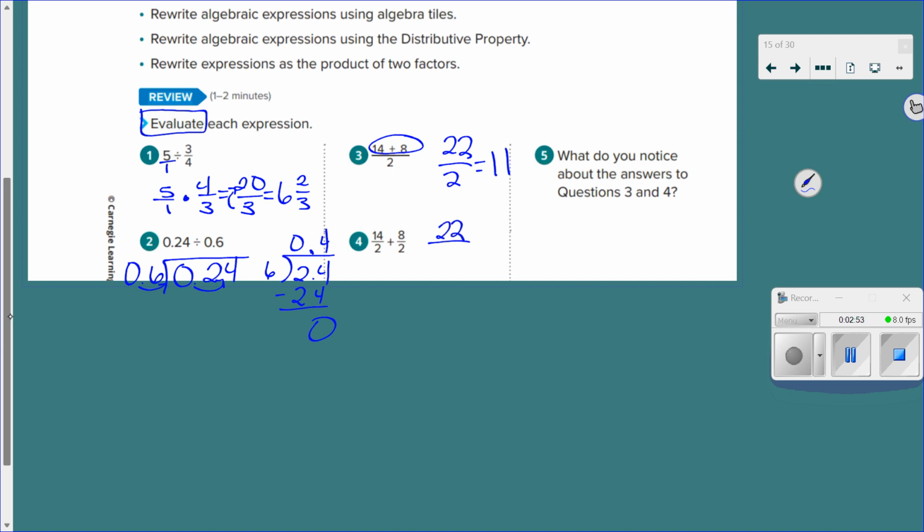Say that again. It doesn't change. So my answer is again 11. What do you notice about questions 3 and 4? It's the same problem, just written differently using grouping. Yes? Any questions? Thank you. All right, turn the page.